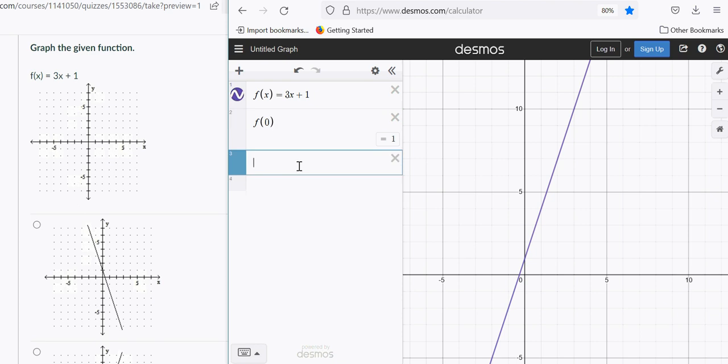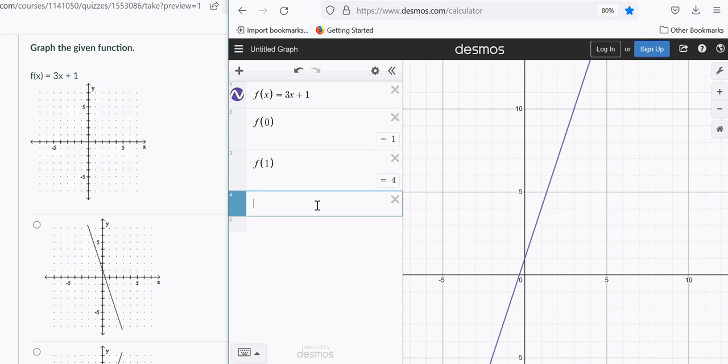You may also plug in f of 1. Then when you plug in 1 here, 3 times 1 is 3, and then plus 1, you have a 4. So that's how you get 4.